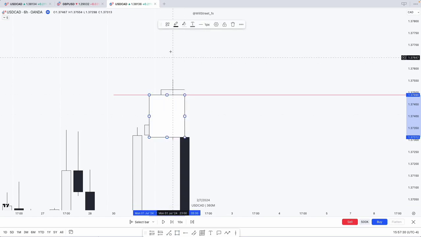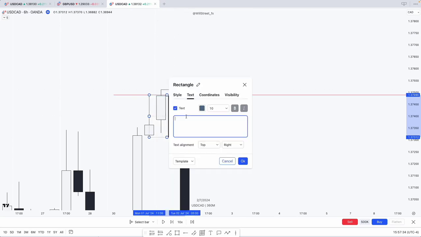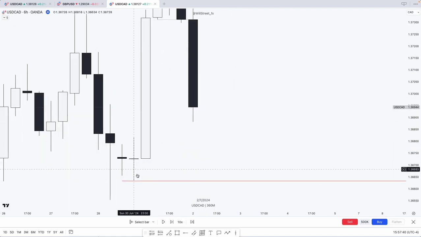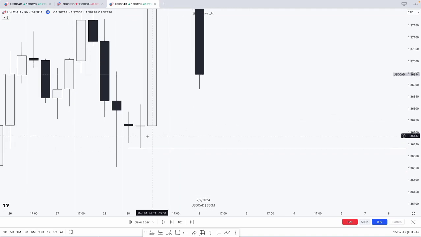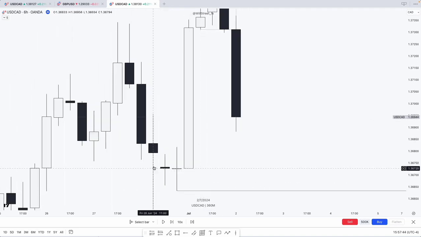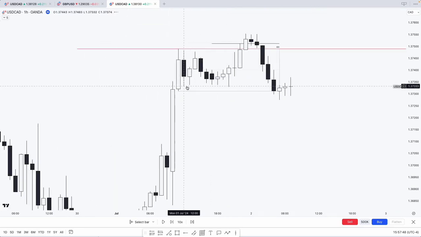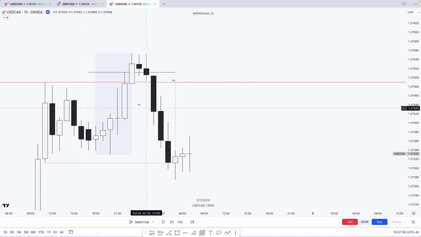This is our bias, not driven liquidity. It's our bias, bearish. This will be our final common liquidity. Okay, so going into 1 hour, look at this.